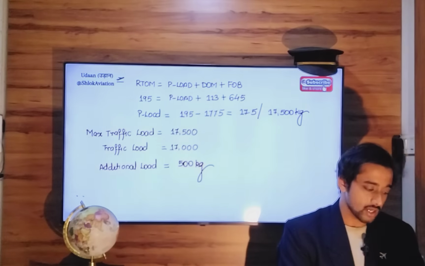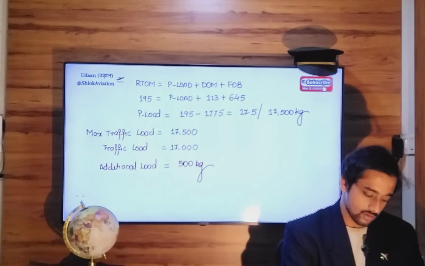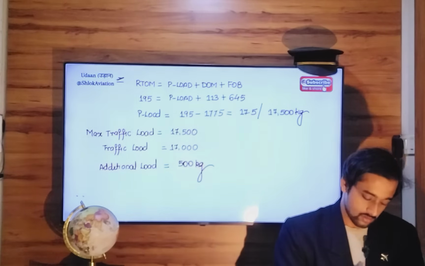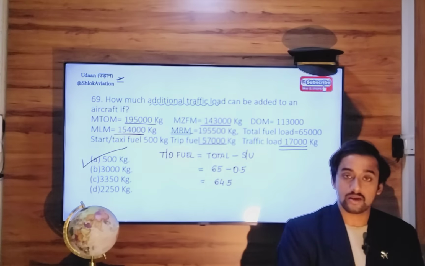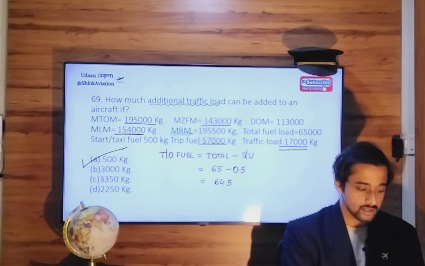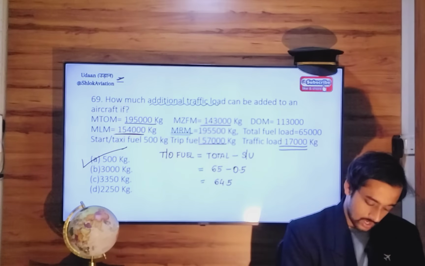Okay, so this is how you do the question. So correct answer is option A. The additional load that you can carry is 500 kg.